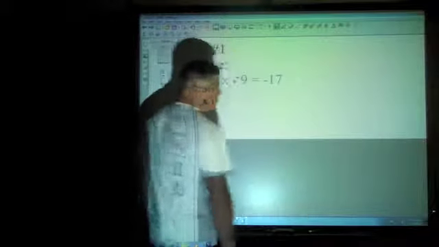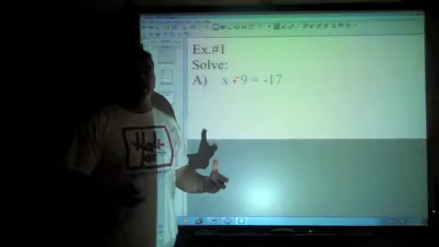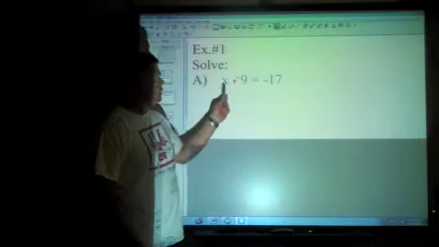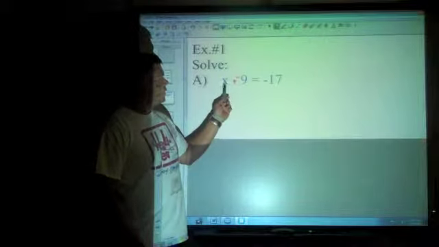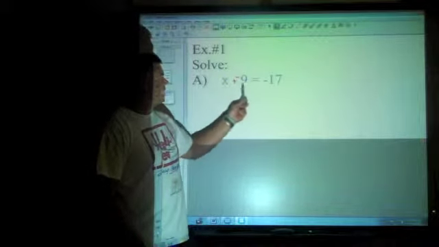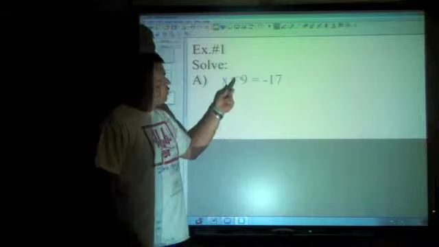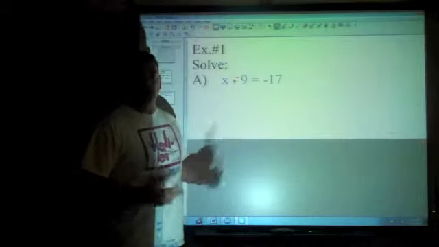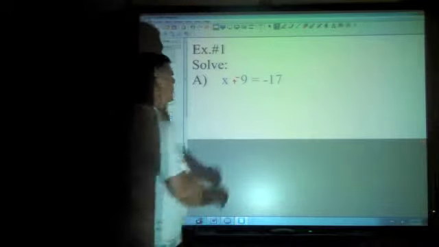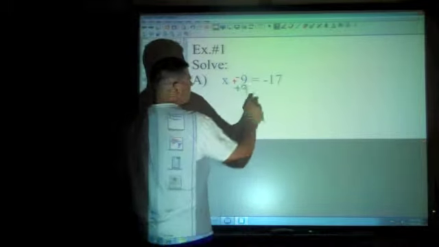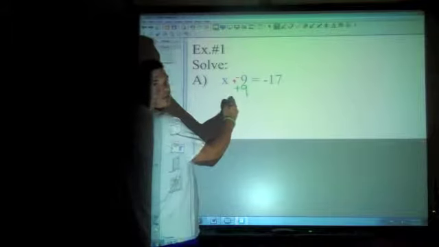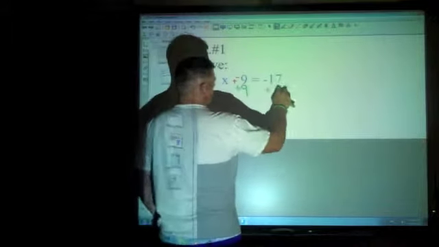Now, we want to isolate a variable. We said we want to get a variable all by itself. That's what isolate means, which means that's the variable I'd like to get alone. In order to get this variable alone, I've got to get rid of negative 9. Here's where the opposite comes into play. What would you need to get rid of a negative 9? You would need a positive 9. So I add positive 9 here, and whatever I do to one side of the equal sign, I must do to the other side.